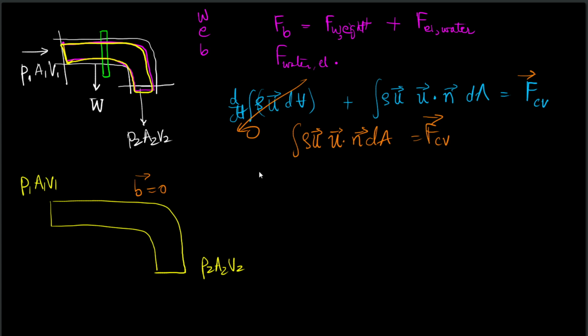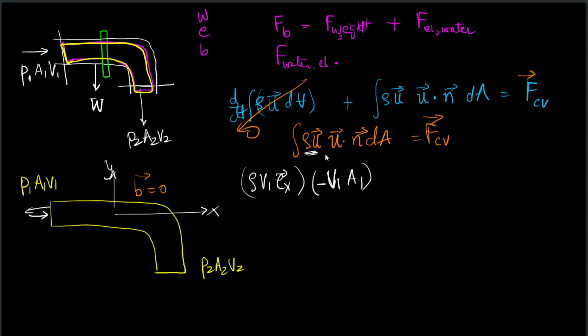Now at the left end, what is rho u? It's going to be rho v1. Let's draw this as the x direction and this as the y direction. So rho v1 ex, this is for this particular term, and what is u dot n dA? Velocity is in this direction, n is in this direction, so u dot n will be minus v1 times A1, and we have assumed that the velocity across the cross section is uniform.